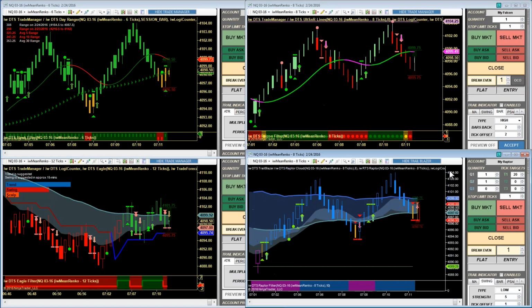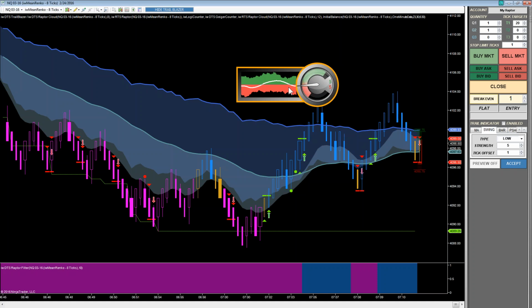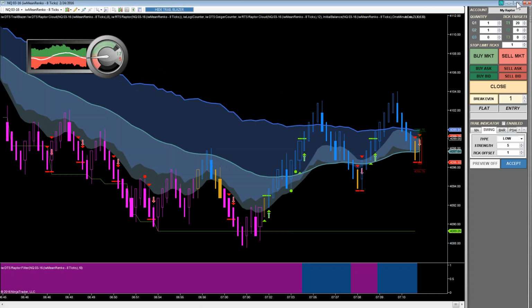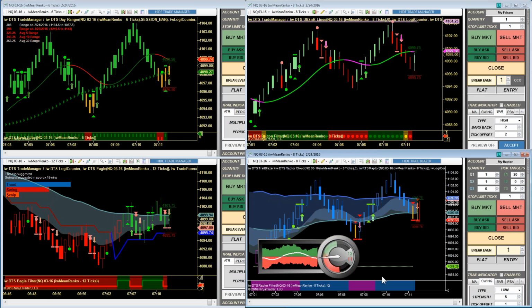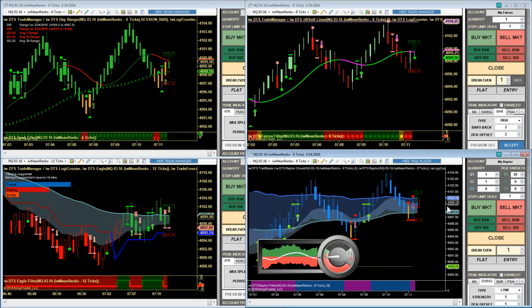All right, well, a couple of good trades on the Raptor anyway. Took some profit on those. Unfortunately, the trailing stop got tapped at break even. We had that profitable scalp on the Hawk.